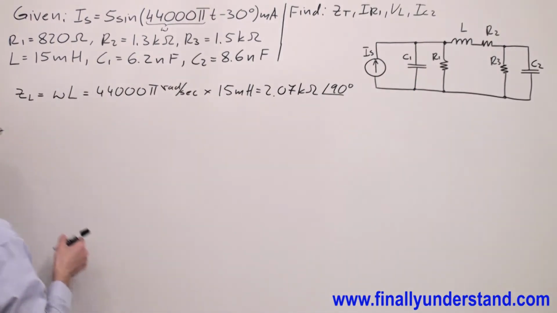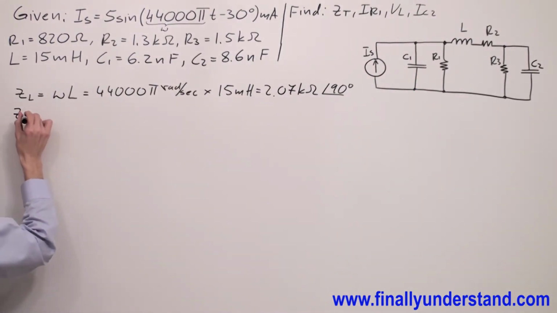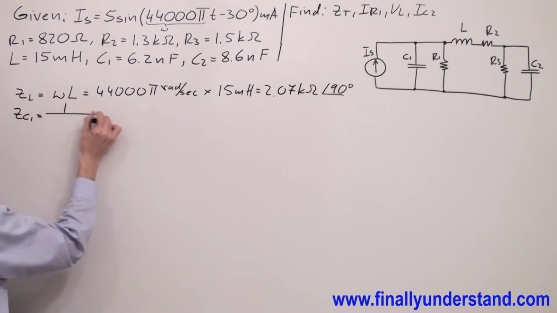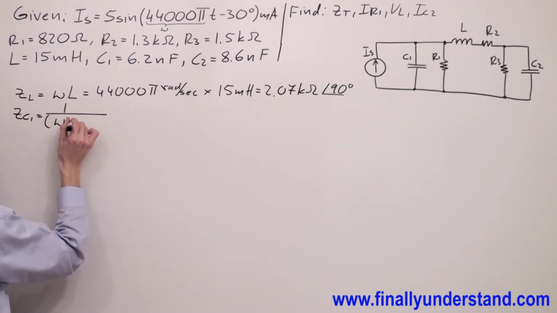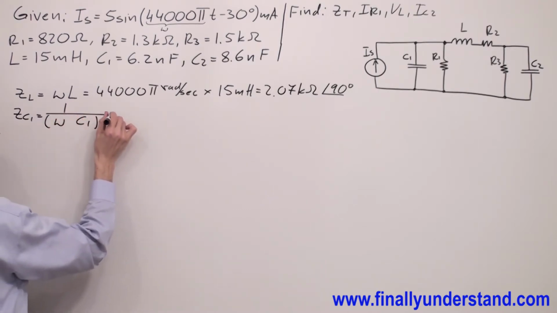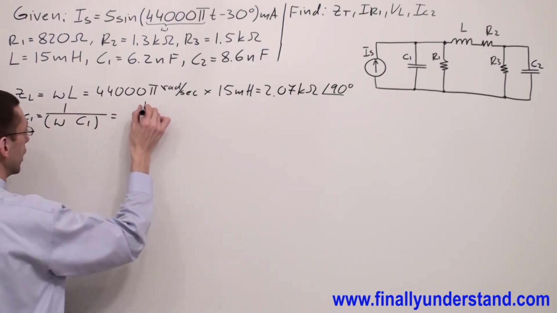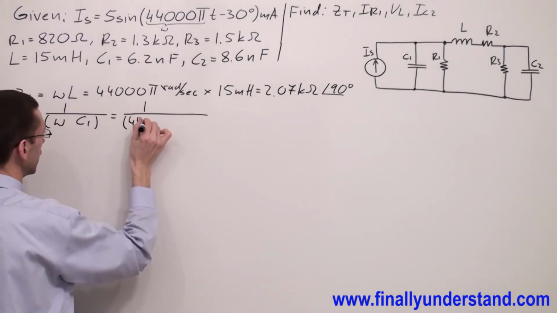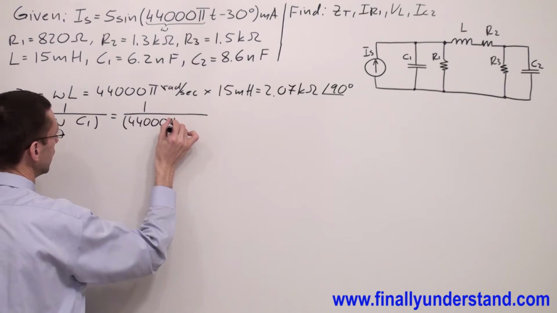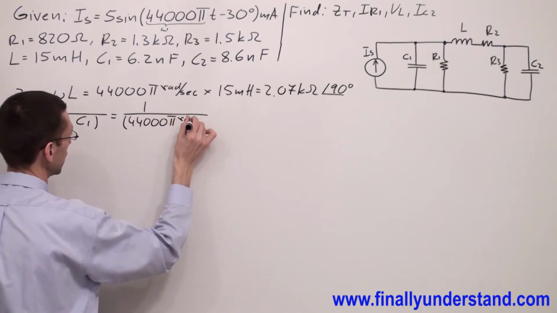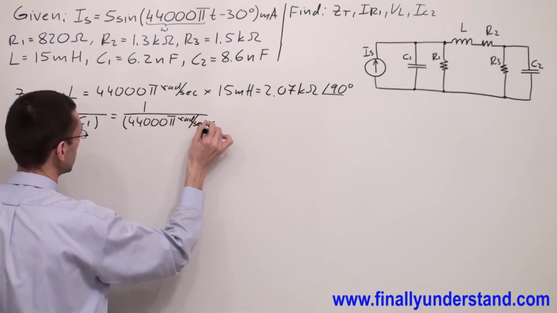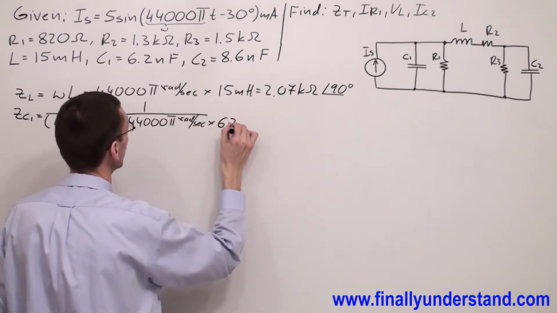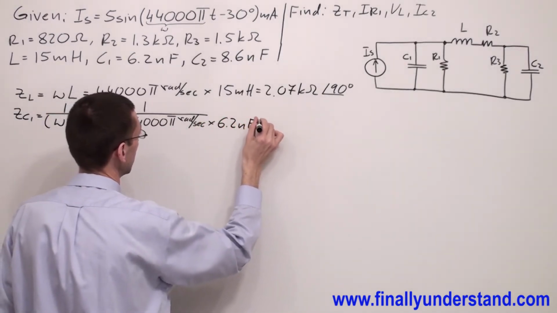Next, we're supposed to find the impedance of capacitor C1. This ZC1 is equal to 1 over omega C1. So I have 1 divided by omega, which is equal to 44,000 pi radians per second times C1, which is equal to 6.2 nanofarads.